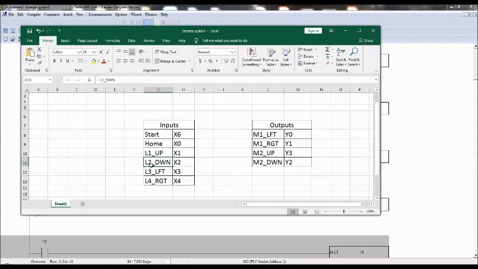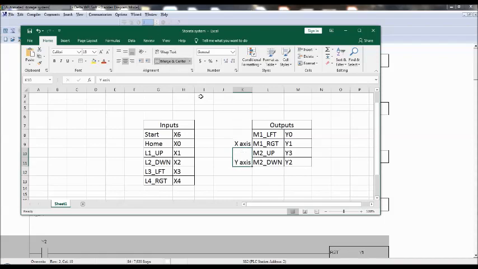L1 is placed at the y-axis. M1 is used for the x-axis, and M2 is used for the y-axis.